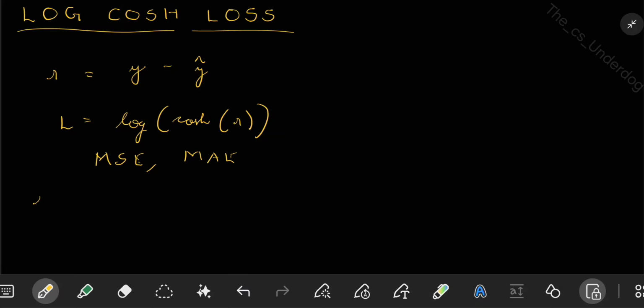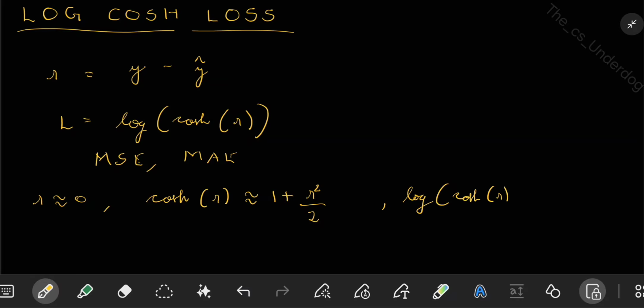For small residuals where r is nearly equal to 0, the value of cosh of r will be somewhat near 1 plus r square by 2. If this is the case, then the value of log of cosh of r will be somewhat like r square by 2.